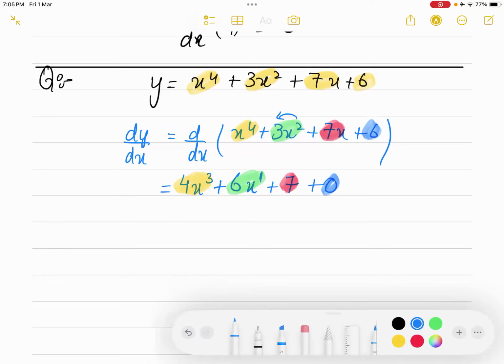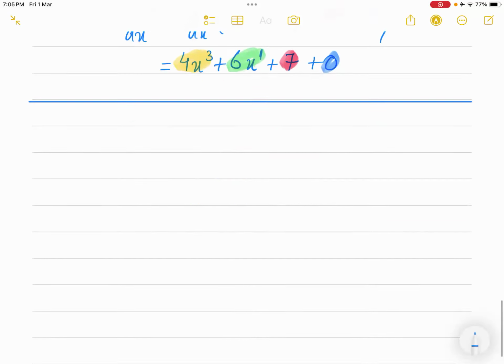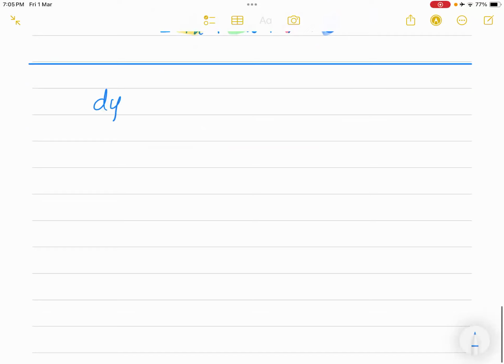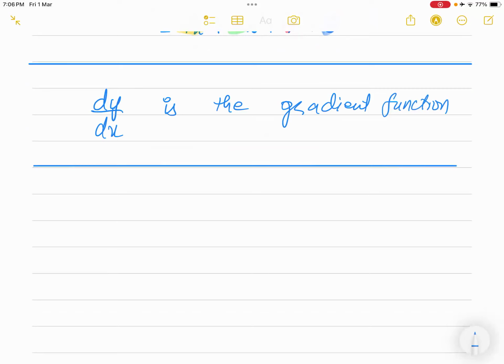So remember one thing: dy by dx is the gradient function. Finding gradient using derivative.